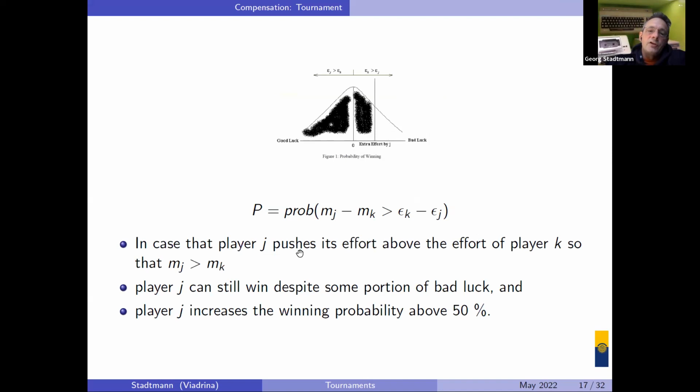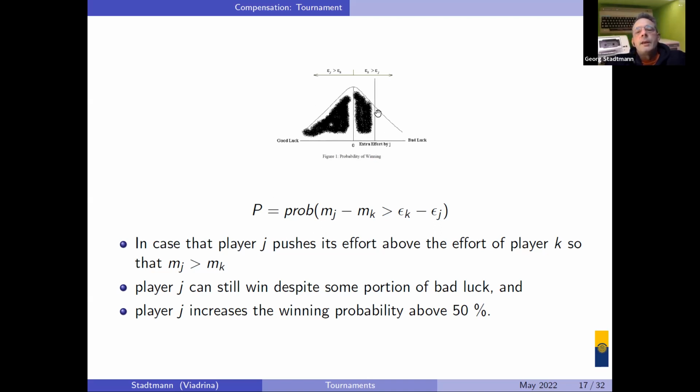So once more, it is explained here what is displayed in this graph. In case player J pushes his effort level above the effort level of player K, then MJ is larger than MK, and player J can still win despite some portion of bad luck, and can increase the winning probability above 50%.